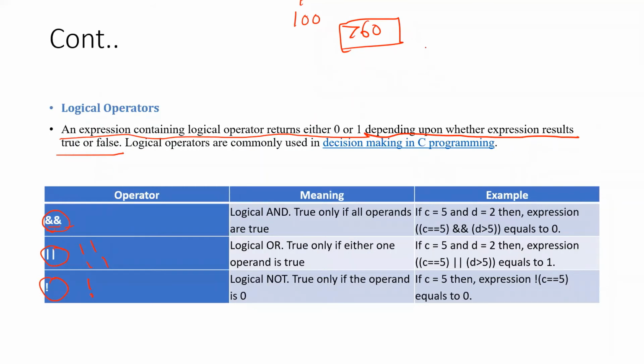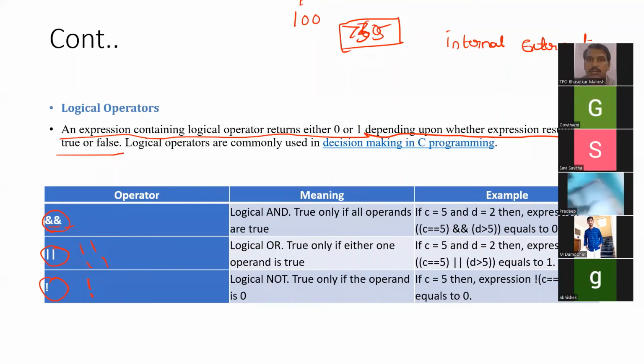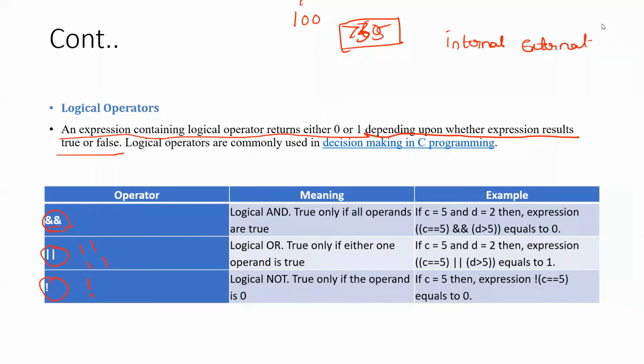But in marks, you have internal and external separately. If I just want to know whether he passed or not, if he has greater than 35, then I can say that he passed the subject. If he has below 35, I can say that he failed.